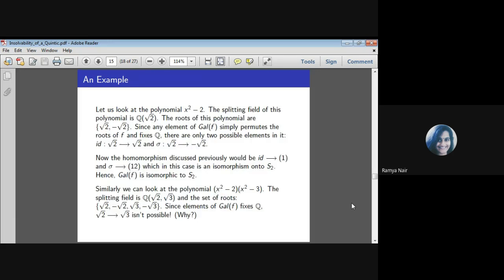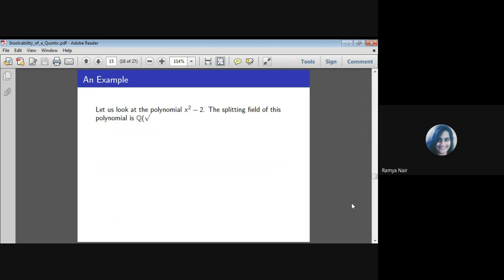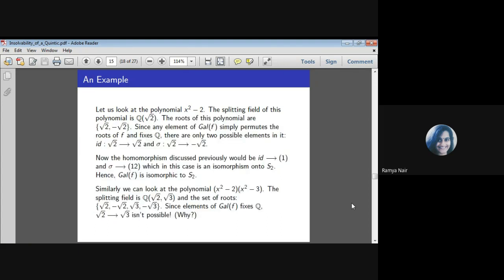Any ideas why? It's because the elements of the Galois group have to fix the base field, that is the field of rational numbers. Suppose there is an automorphism which sends square root of 2 to square root of 3, then what would happen?